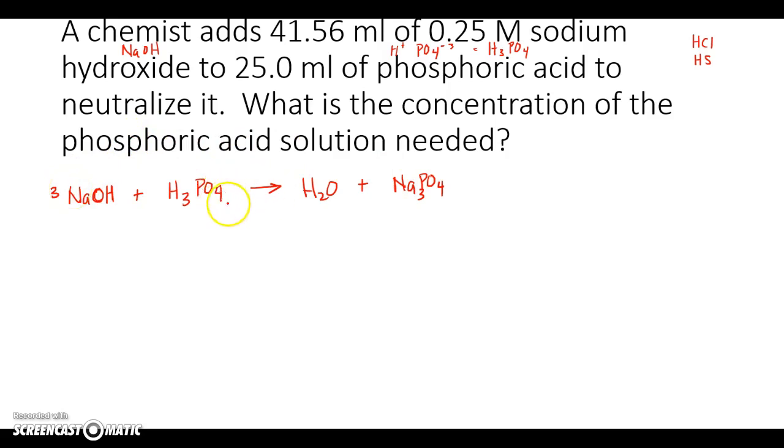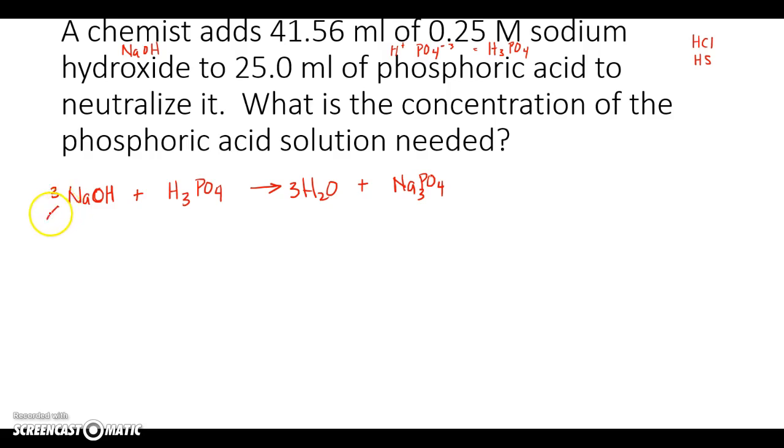We have 1 set of phosphates. So right now I have a total of 6 hydrogens. If I place a 3 in front here, that gives me those 6 hydrogens. And then I have a total of 7 oxygens here, 7 oxygens over here. So it's now considered balanced.